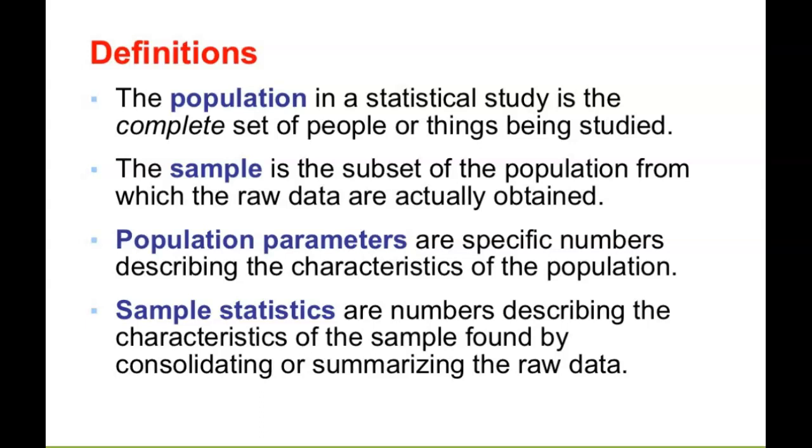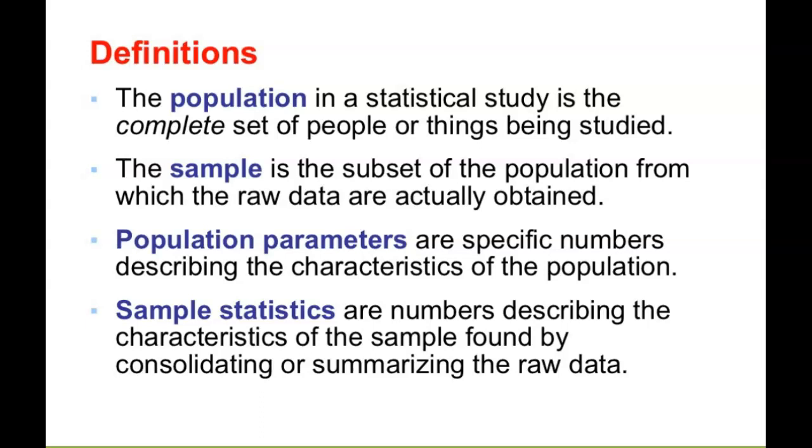Parameters are the numbers that are true values within the population. Those are the numbers we'd like to know, like the true average income of all working people in the US that I'm sending Naomi out on a Sisyphean task to try and complete.